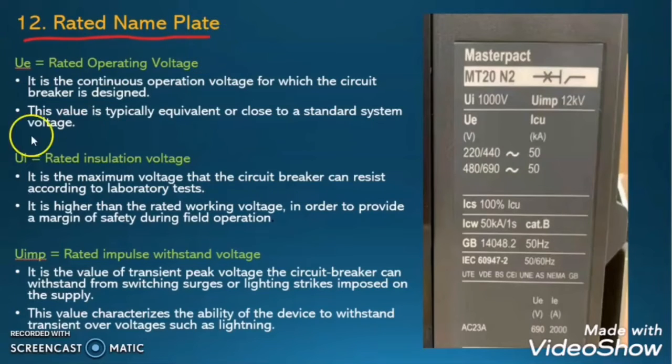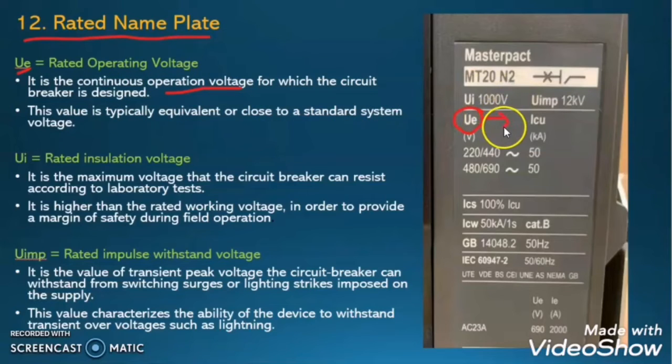This is also a very important topic, same as the Micrologic controller. The first detail available on the rated nameplate is Ue. Ue is the rated operating voltage. It is the continuous operation voltage for which the circuit breaker is designed.